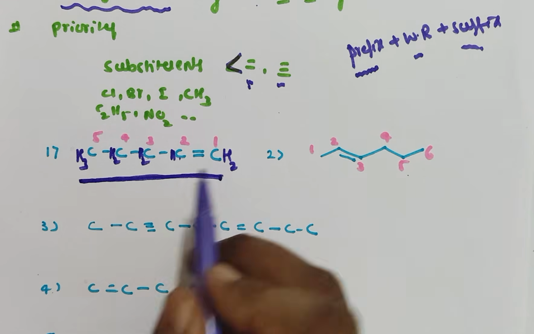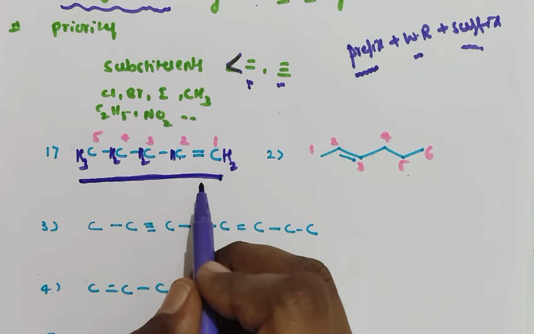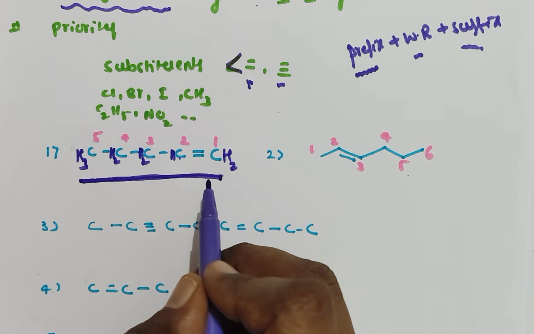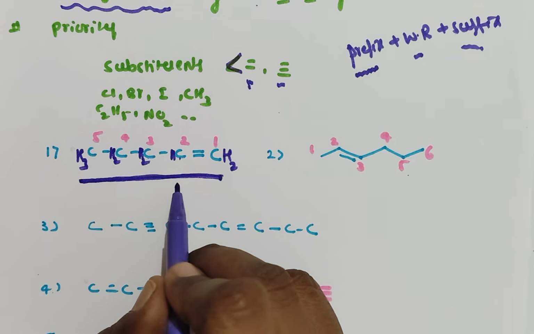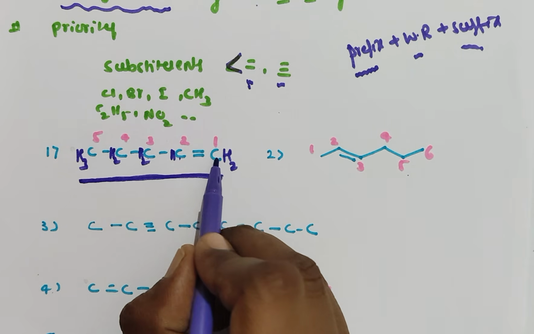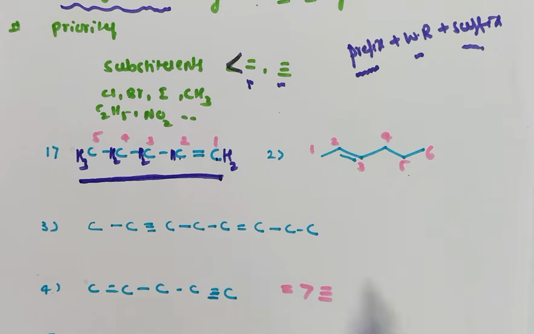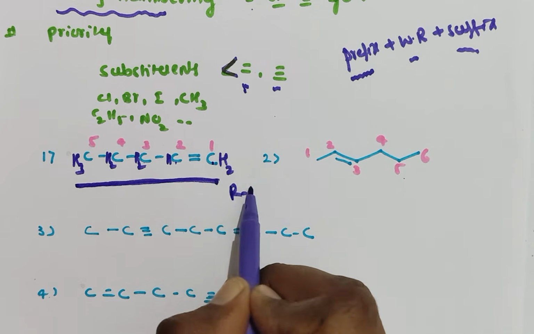And the second rule is numbering the carbon atoms. Numbering of carbon atoms is done in such a way that the branching carbon atom, double bond carbon or triple bond carbon atom gets the lowest possible number. So in this compound, one double bond is there, between this carbon and this carbon. Therefore, numbering from right to left is correct.